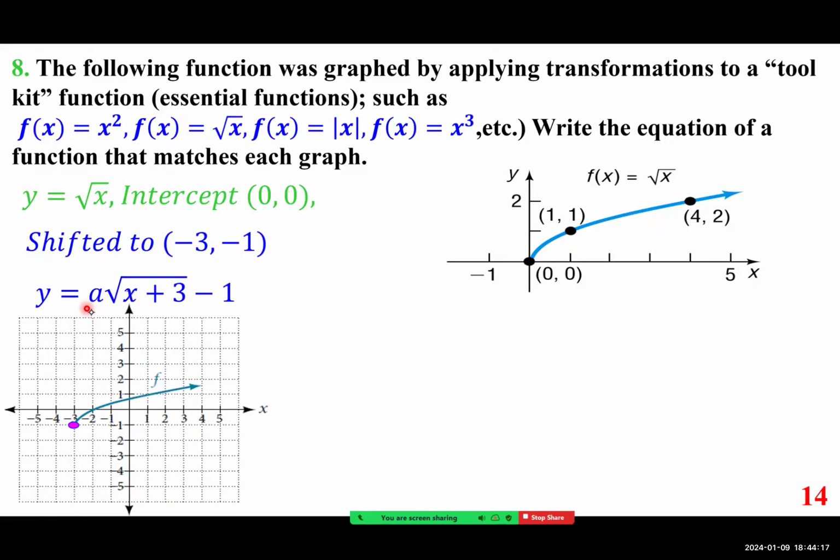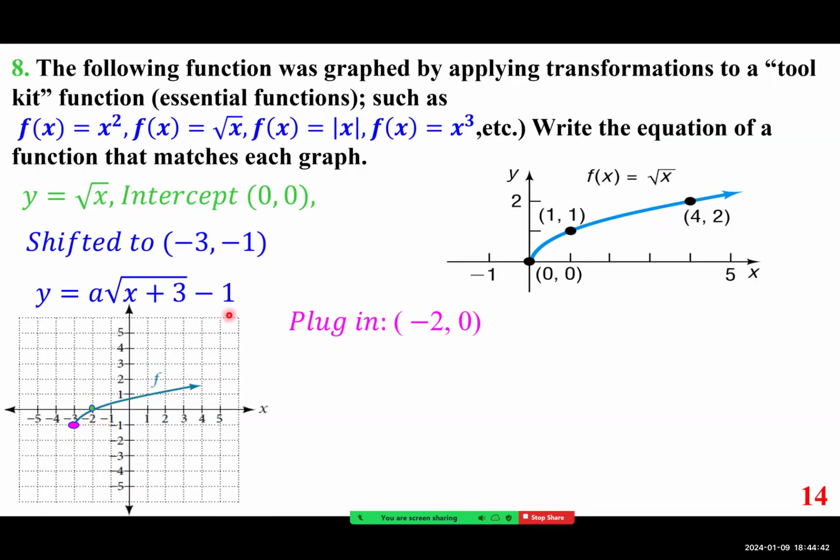And all you have to do is pick a pair and check it out. Now, are you going to use the intercept that was moved? No, you already used the intercept. So what are you using? Any other point. Always use the easy point. Notice the x-intercept has a location -2, 0.